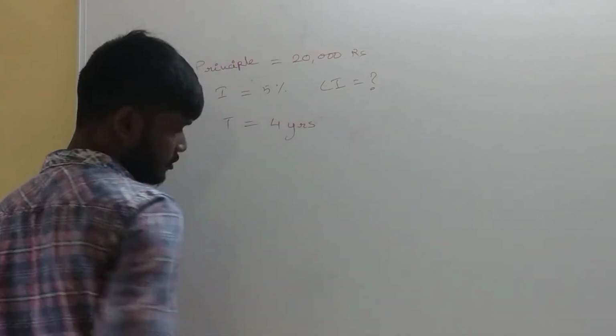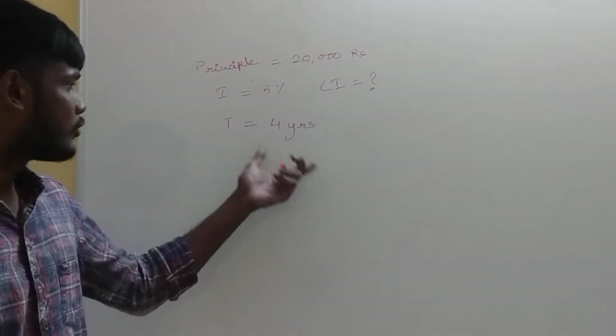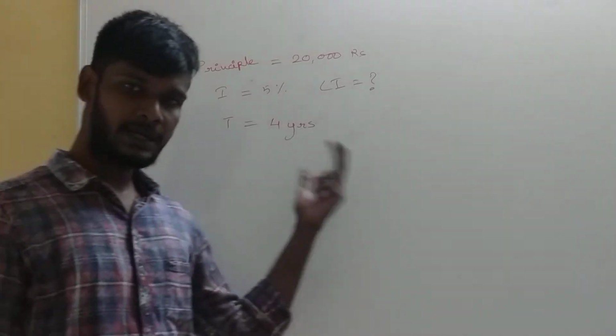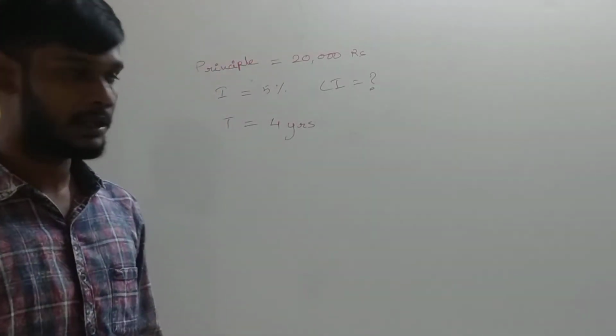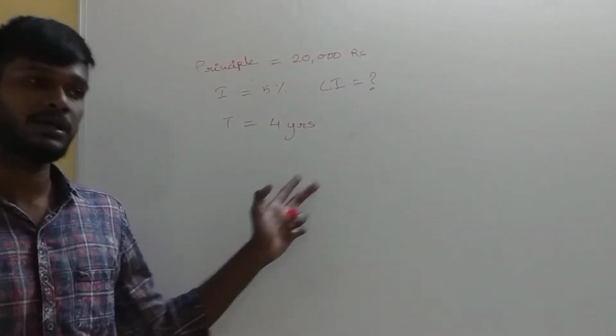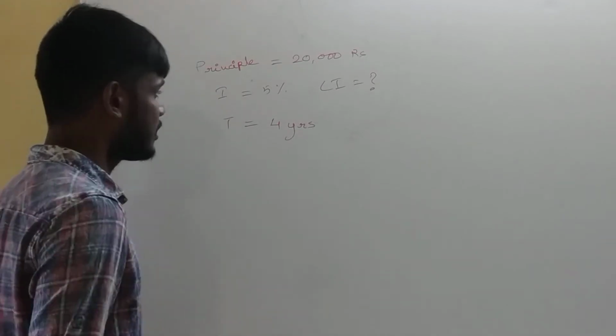Now, in most examinations you won't see such a big number for the time period, but still we are taking it just to tell you how easily we can do it with the different method that I am going to tell you today.